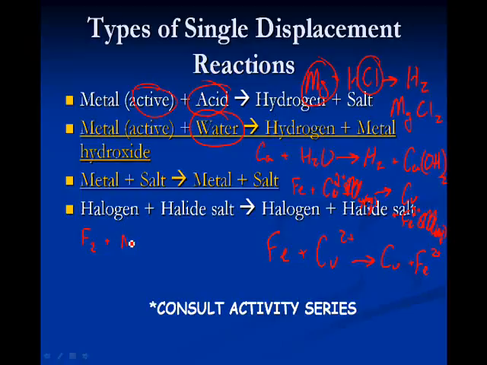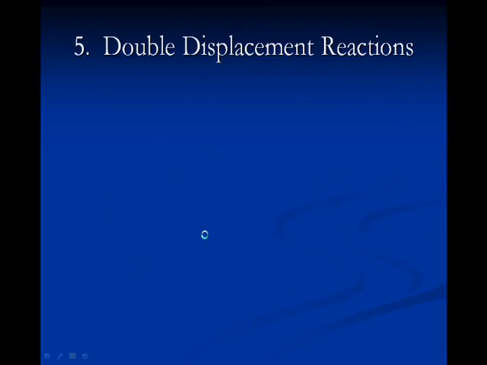So if you have fluorine and sodium chloride, the fluorine is higher in reactivity, and so it's going to displace the chlorine and end up with chlorine gas being produced and sodium fluoride. So that's an example of a halogen being displaced.